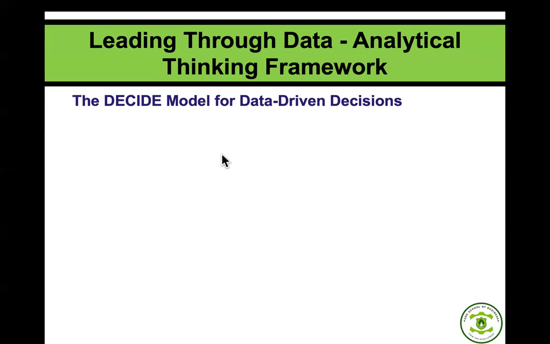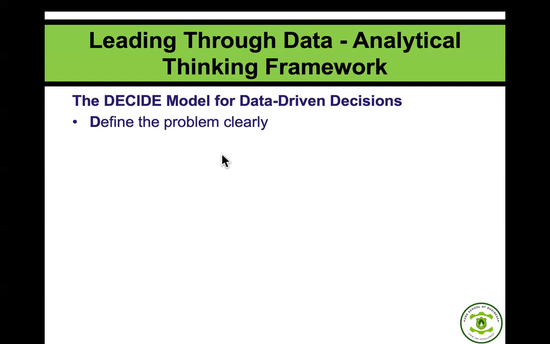So, DECIDE model, what does it mean? The first one is D. If you look at the word DECIDE, D means defining the problem clearly. Sometimes, some of us may have experienced that the problem we think we are solving is not actually the problem. I don't know if it has happened to any of you.